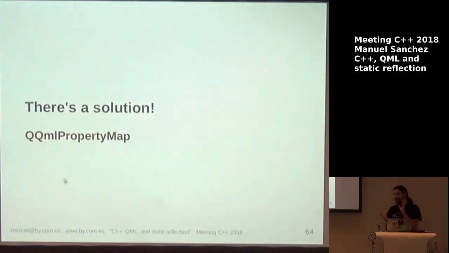That is, having a model on the C++ side as a set of key value pairs, okay? And that set of key value pairs is bound in both directions. You can change a key and its value from the QML side, and your C++ side knows about the change, and in the other direction.